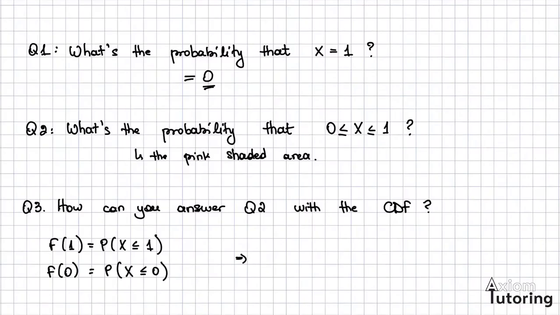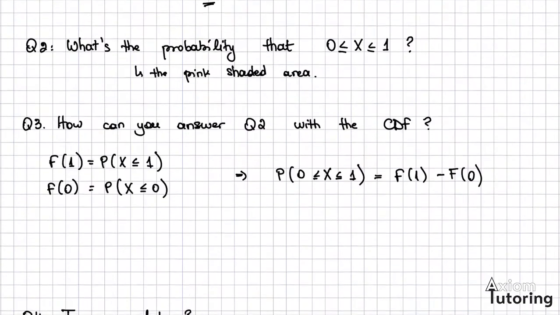So in terms of answering through the CDF, the probability of us looking at an x that is between 0 and 1 is literally the difference between the CDFs at the 2 points. Okay? So keep in mind, the CDF just keeps running totals of areas.